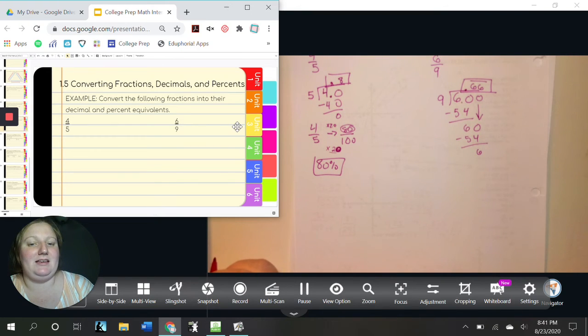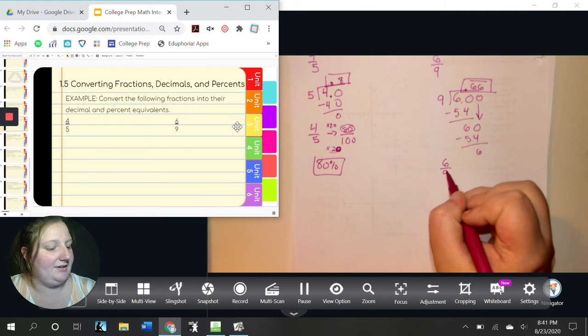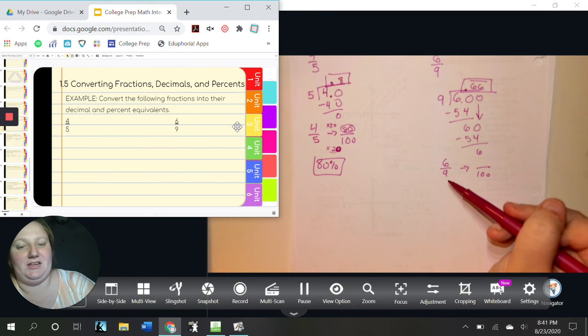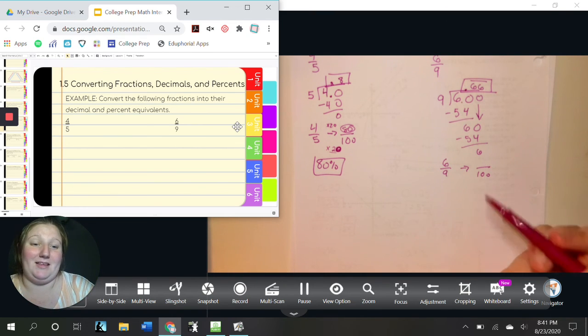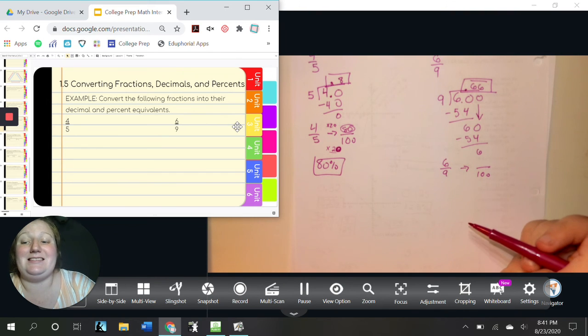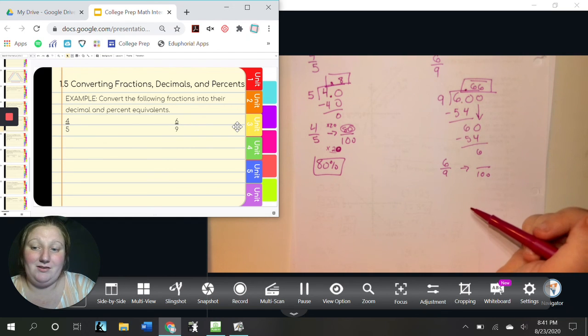Then to get to our percent form, let's try it the way we did it over here. 6 over 9 to something over 100. Well, we need to know what we multiplied 9 by to get 100. Let's see. I know 9 times 11 is 99. That's close, but that's not 100. 9 times 12 is 108.